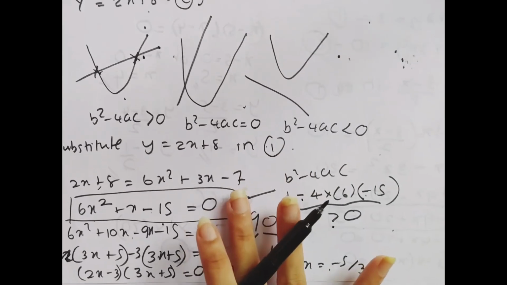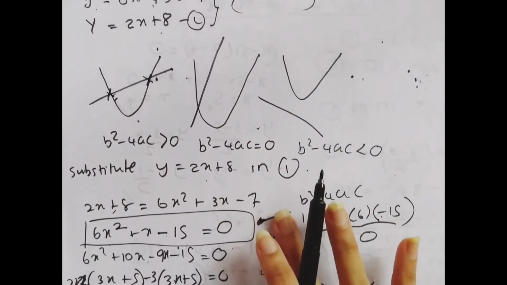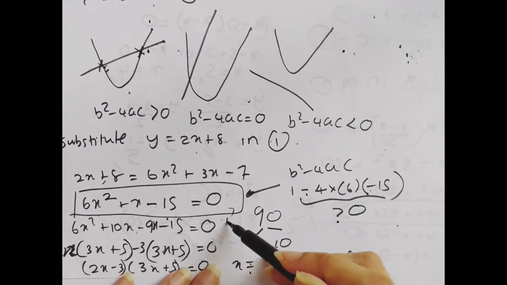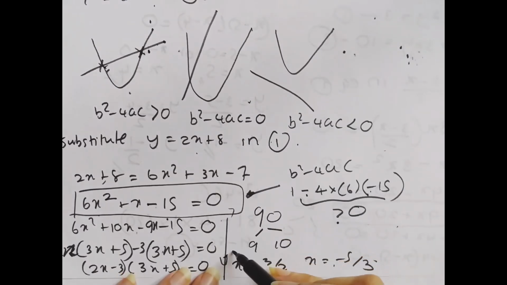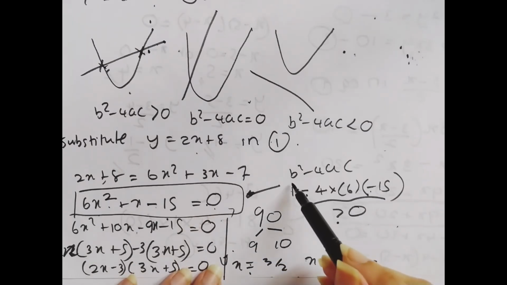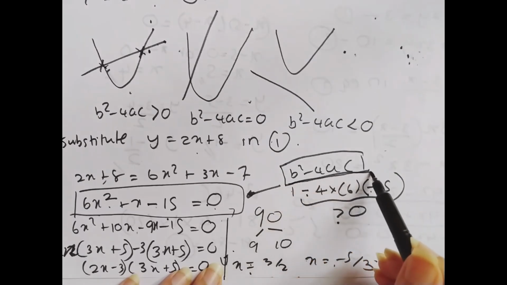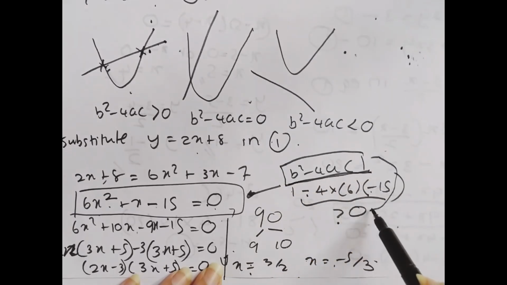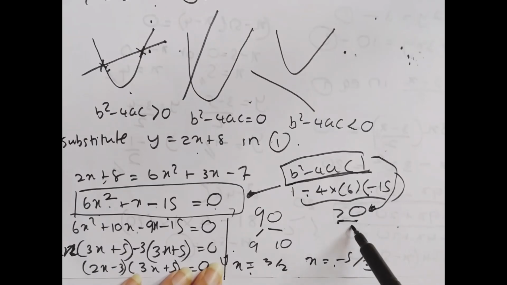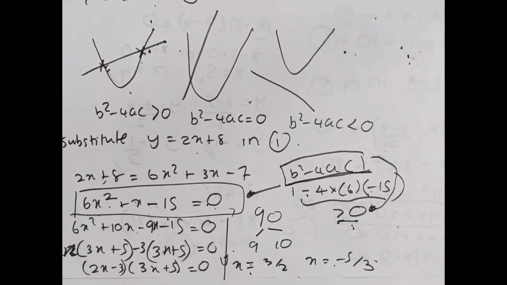So in that way you can find how many intersections there are. To find how many intersections, you don't have to solve this. Without solving, you can first find the equation, and for that equation you can use the discriminant, and from the discriminant, looking at whether it is greater than 0, less than 0, or equals 0, you can find how many intersections there are.